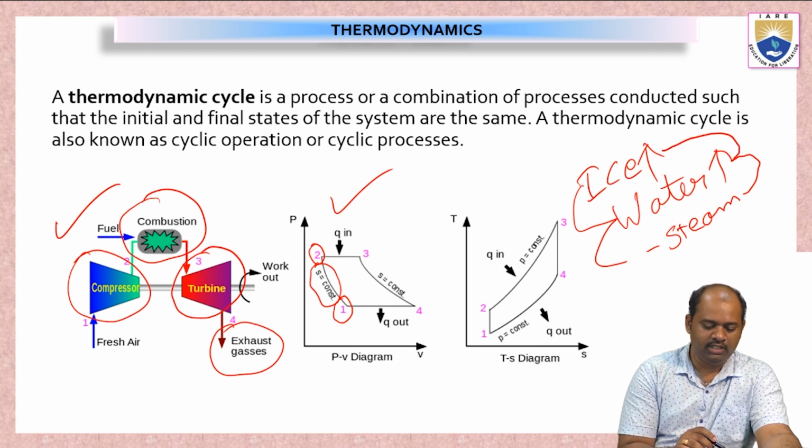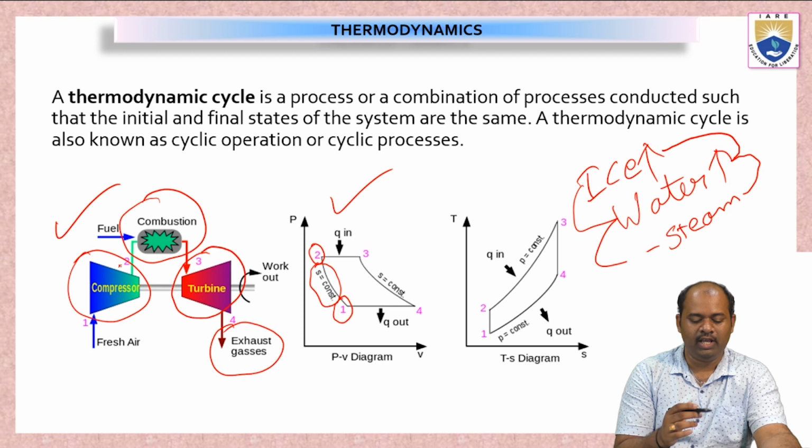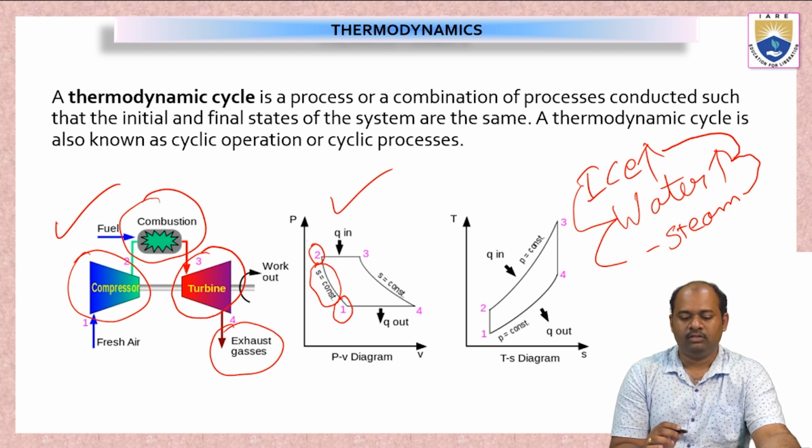In the diagram we can see between point 1 and 2 we have the compressor. So we will take the fresh air from the atmosphere and compress it. We are not doing anything other than that. The combustion is not done between 1 and 2. It is done between 2 and 3.